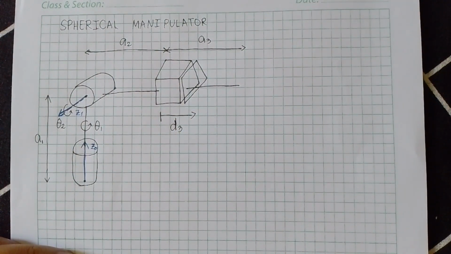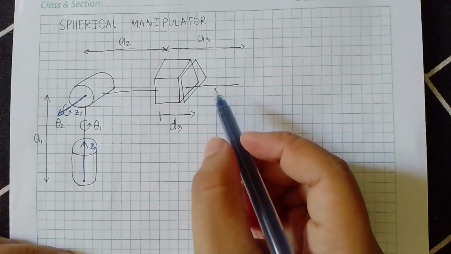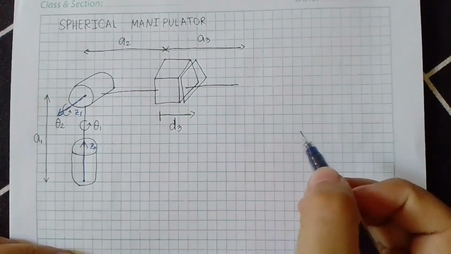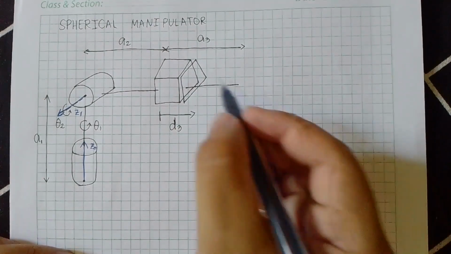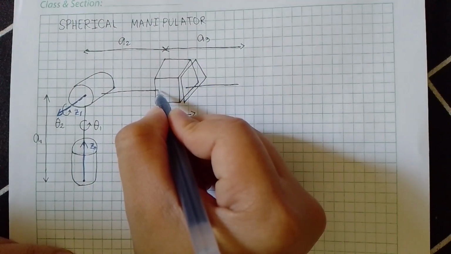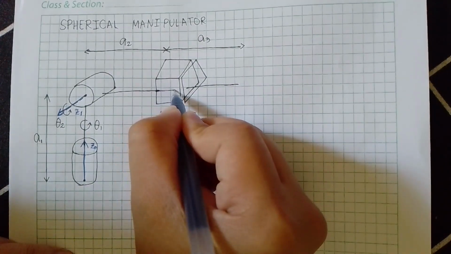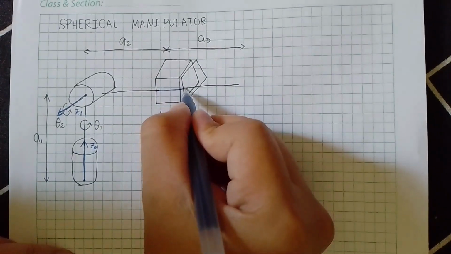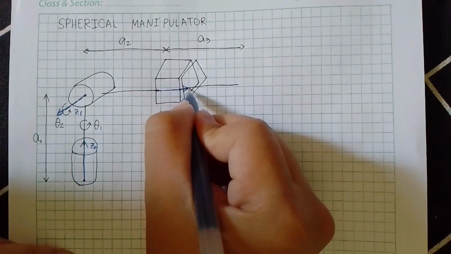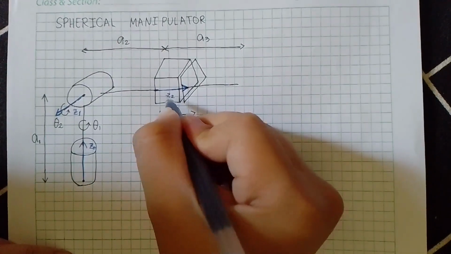Next is z sub 2. Let's proceed to z sub 2. The z sub 2 must be pointing to the right. Z sub 2.